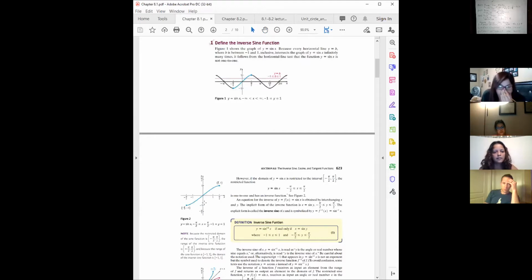Okay, so whenever the angles that I'm looking for need to be within here, I can't use anything else. And I can only plug in these x values. Like I can't plug in sine inverse of 20. That would be undefined. It has to be between negative 1 and 1. That's as big as sine gets, right? So it doesn't make sense that you would plug in something bigger.